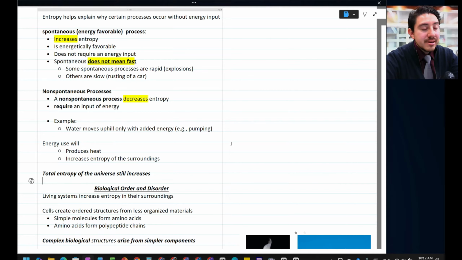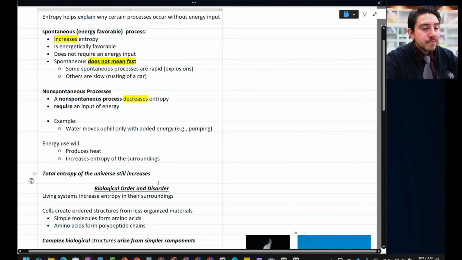Some spontaneous processes are very fast, like explosions, but some are slow, like the rusting of a car. You don't need to add more energy for the chemical reaction of rusting to occur. It just happens, but it's a slow process. So that's what spontaneous process means: it's going to occur, and you don't need any additional energy for the reaction to occur.